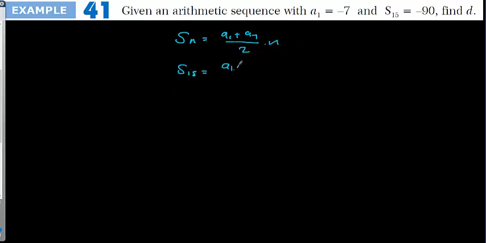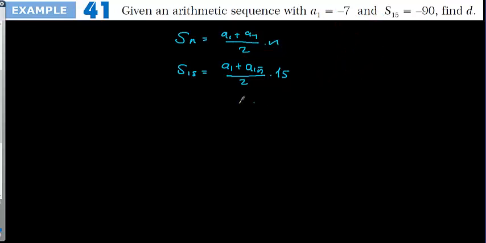S15 is going to be equal to (A1 plus A15) over 2 times 15. Here is the important part: we are going to find the D, and we need A15, because we know A1 only and we don't know the value of A15.